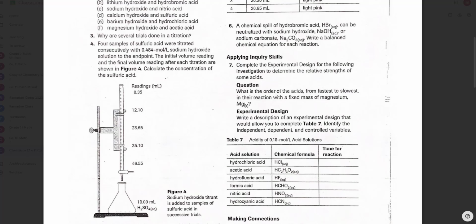Wait, does the magnesium react with these things? I'm trying to think. Is magnesium going to change the pH level? I'm curious now. I'm not sure if magnesium will change the pH level. If you add magnesium to HCl, what happens?